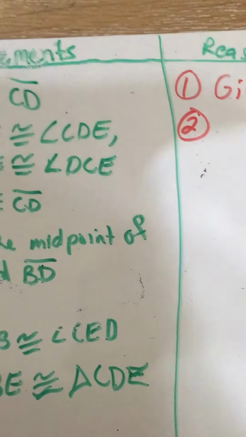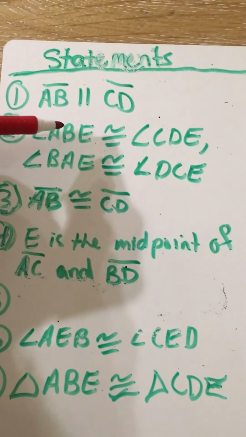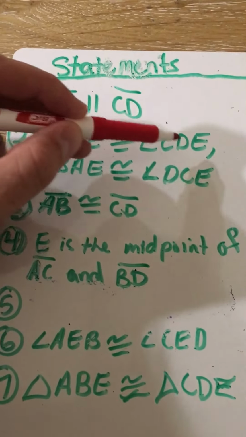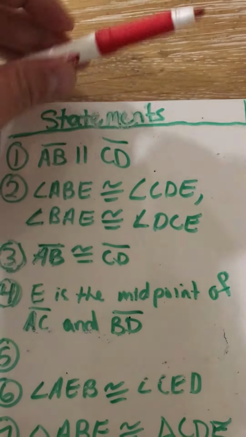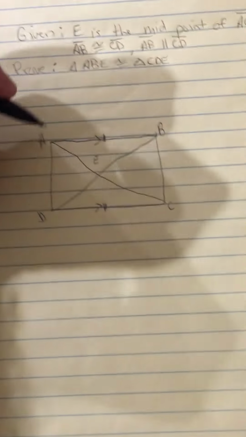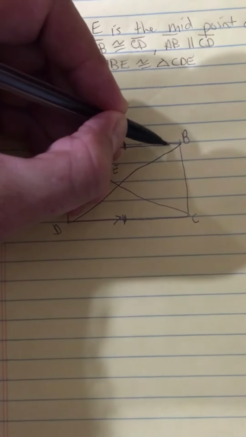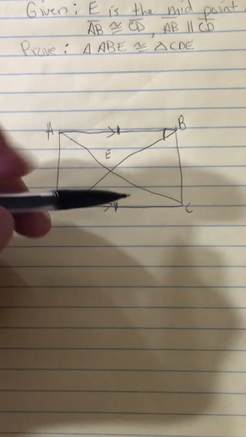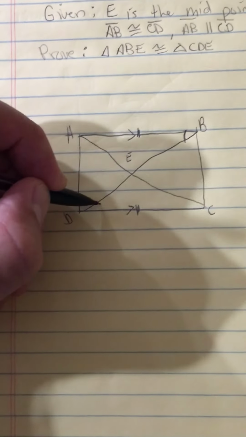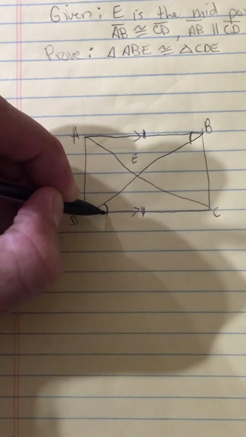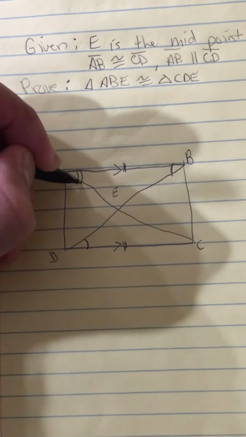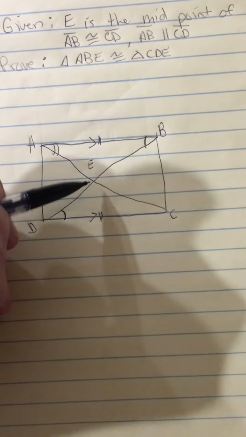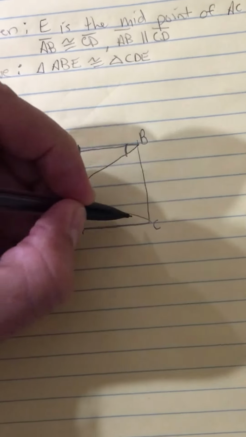The second one, it says angle ABE is congruent to CDE, and BAE is congruent to DCE. So we'll go and look at this. We'll go ahead and draw it. So ABE is congruent to CDE, and BAE is congruent to DCE.